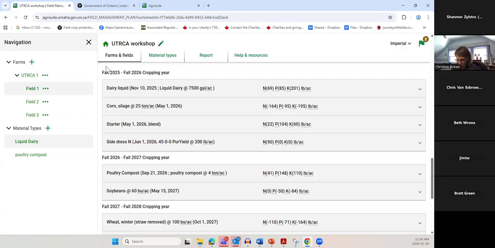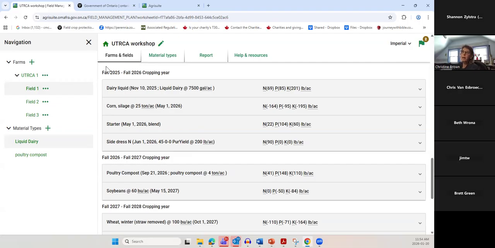But what we are trying to do, and if anybody is interested in participating, is get a better idea. The AgriSuite software does a good job of estimating the potential nitrogen that's going to be available. But there's a lot of other things that come into it. For example, what is my organic matter level in my soil? My soil test, my soil organic matter, because that's going to impact nutrient cycling.